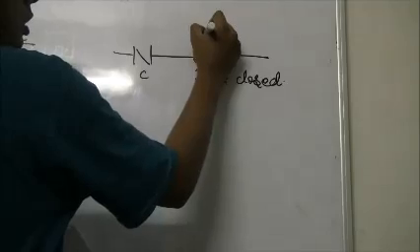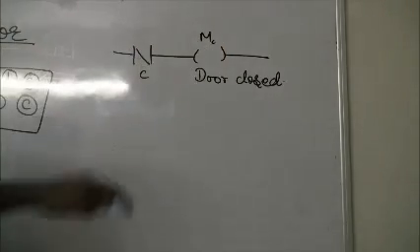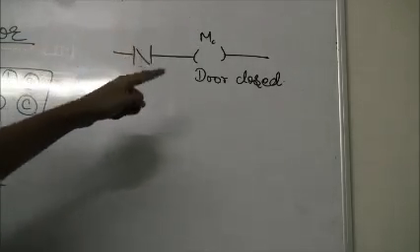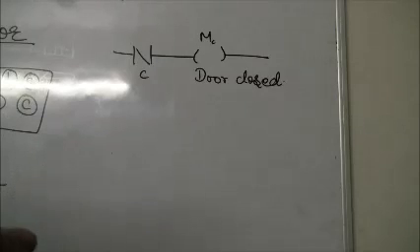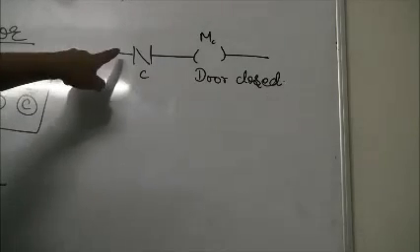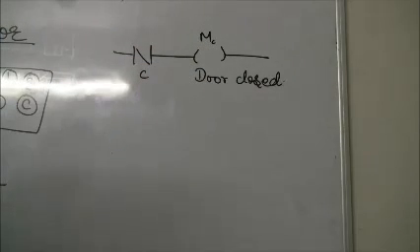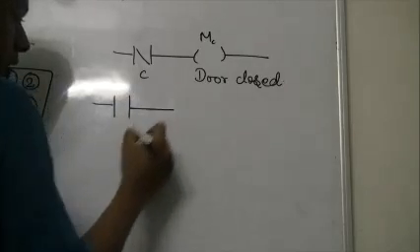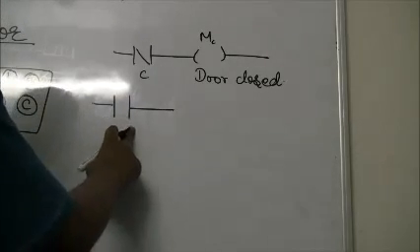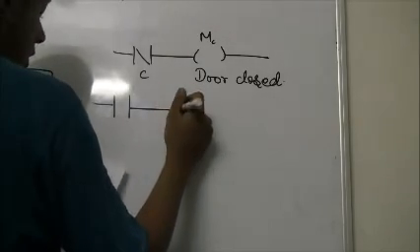Maybe I would write M with a subscript of C, which is responsible to keep the door closed. So when it is energized, the door is closed, and when it is not energized, the door becomes open. So in case of emergency, maybe a power cutoff or something, we don't give energy to this, and this particular door would open, right? Okay, in the second condition, let's see what the open button would do. We give an open command to this, right? We press the open button.